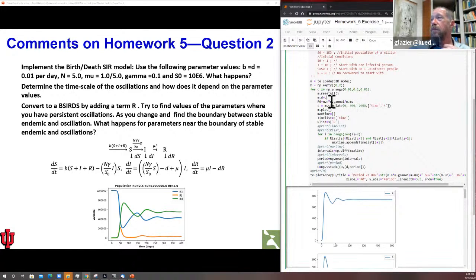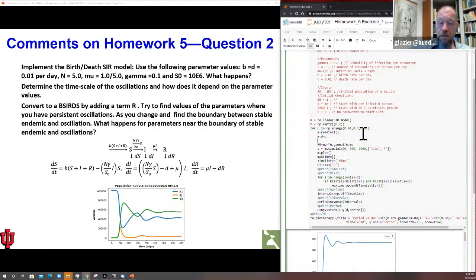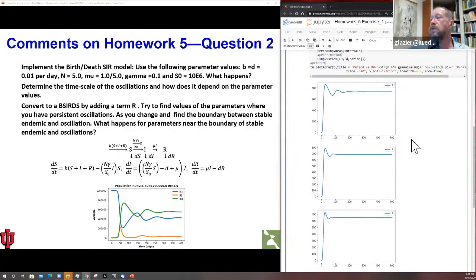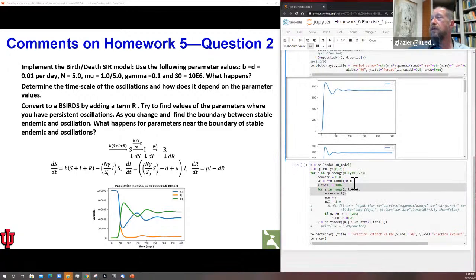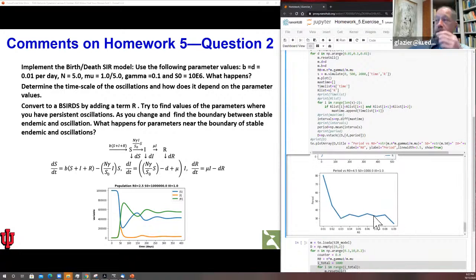If I balance my birth rate and my death rate, I suspect it'll be more interesting. So now it does oscillate. And so now I actually get something meaningful.